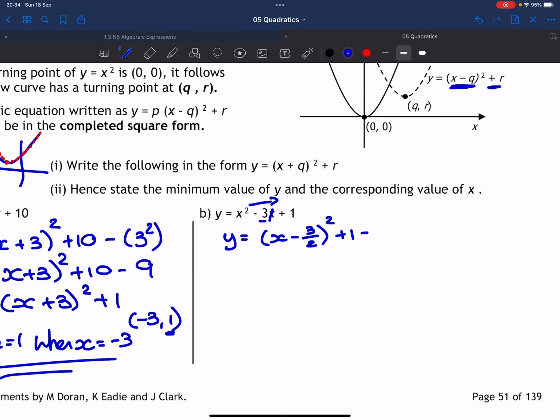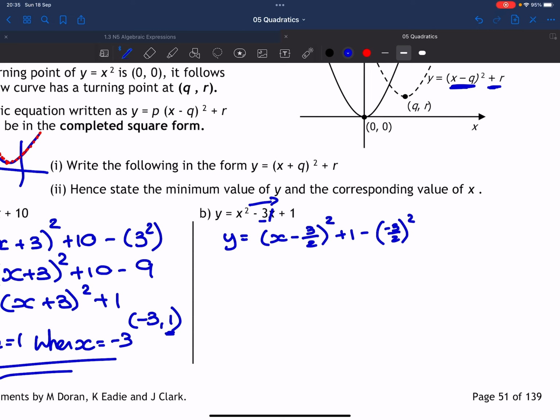Then I'm going to take away what's inside the bracket, so it's going to be minus 3 halves, all squared. I'm always subtracting the square of the number inside the bracket.